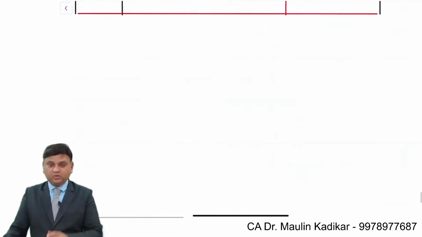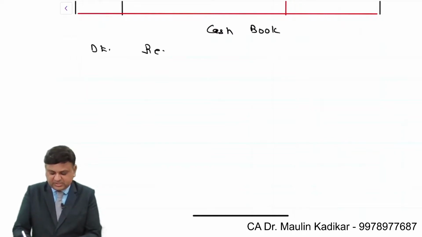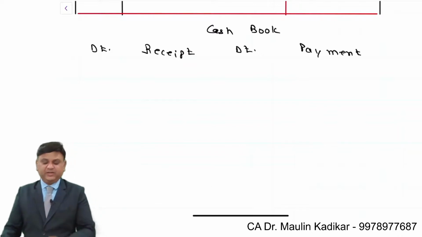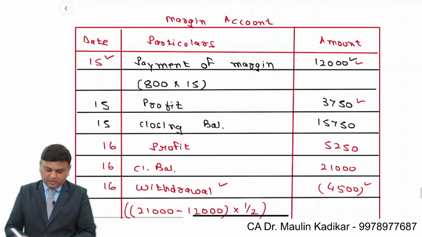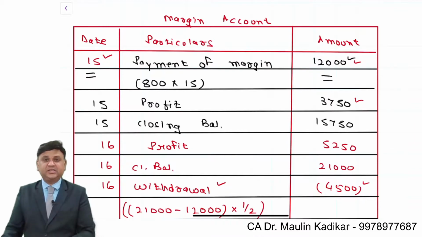See, in order to understand that, we are supposed to prepare a simple cash book. Column number 1 is date, column number 2 is receipt, column number 3 is date, and the last column is the payment. There are very few receipts and payments that we have. The contract was entered upon on 15th. At that point of time, initial margin of 12,000 was paid.